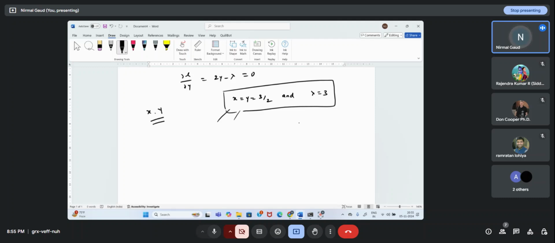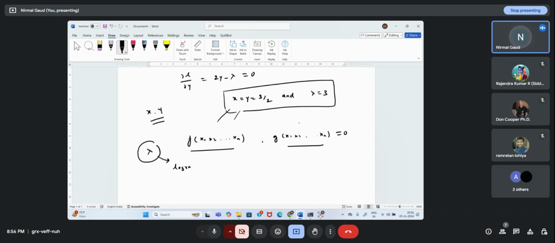If any function is written like f of x1, x2, up to xn, and it is under a constraint whose equation is g of x1, x2, dot dot dot up to xn equal to 0, then this is your objective function and this is your constraint equation. Then according to Lagrange, we use this theorem, where lambda is the Lagrange multiplier.